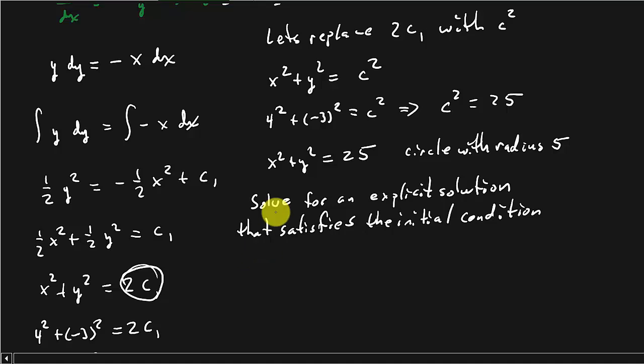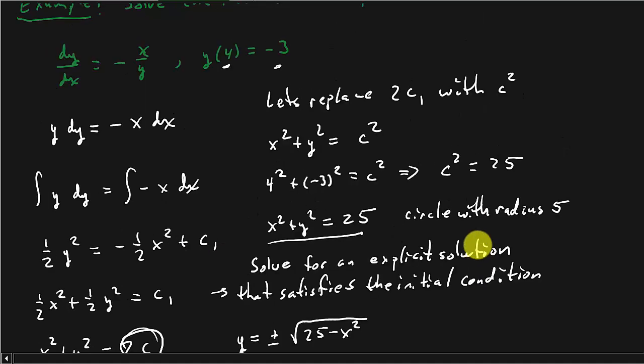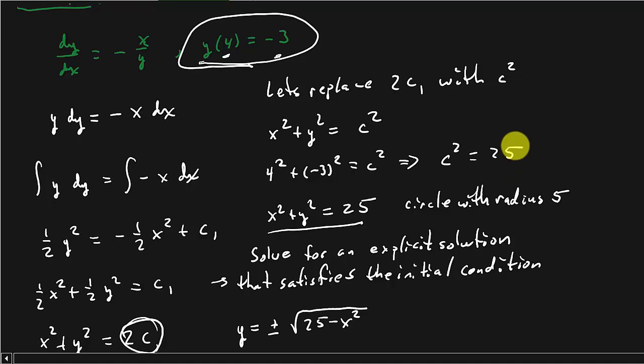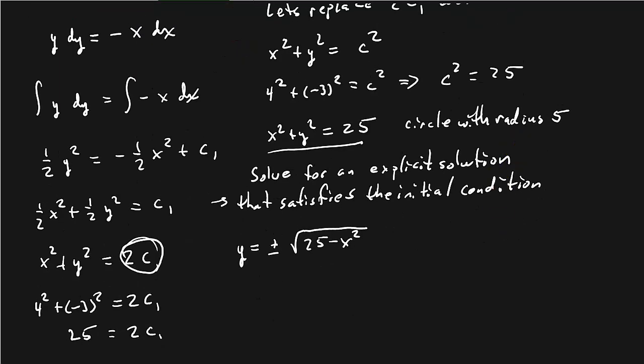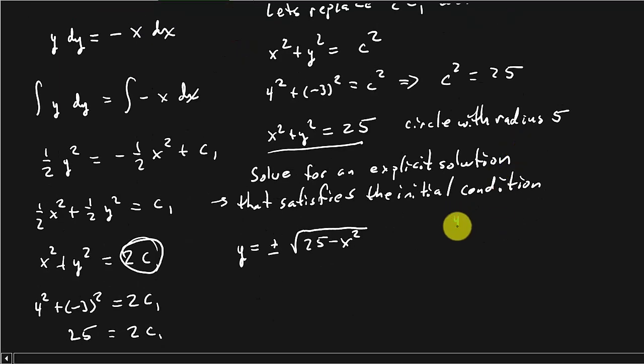So if we solve this thing for y, that's going to be y equals the square root of 25 minus x squared. And remember, that is plus or minus. Okay? It's plus or minus. But remember, we want it to satisfy the initial condition, which is this thing. I'm going to write that down here. I'm going to write it down in green. We've got y of 4 is equal to negative 3.